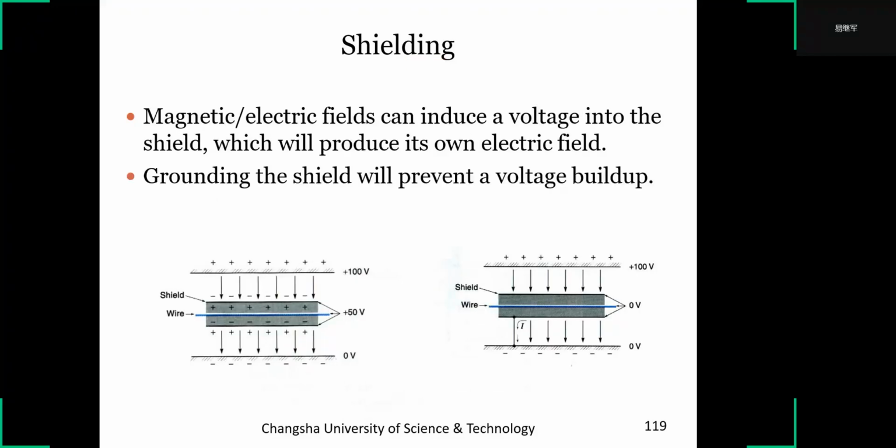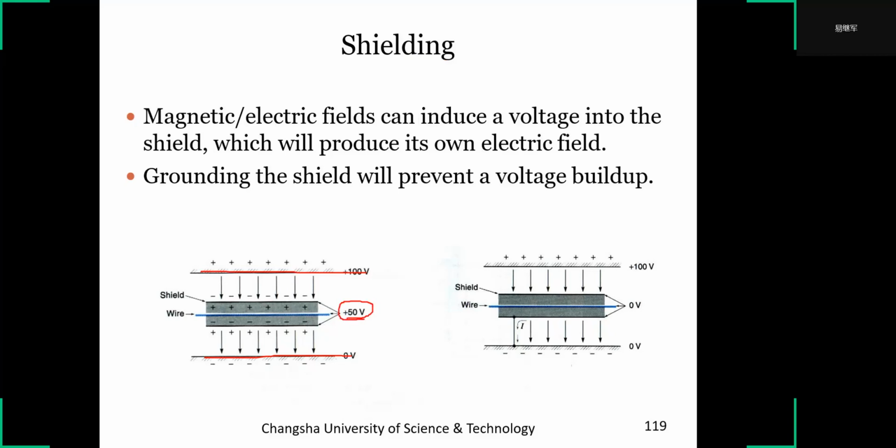This is another example. There is a high voltage, and there is a zero voltage. If the wire passes through the two parts, there is a voltage, maybe 50 volts.